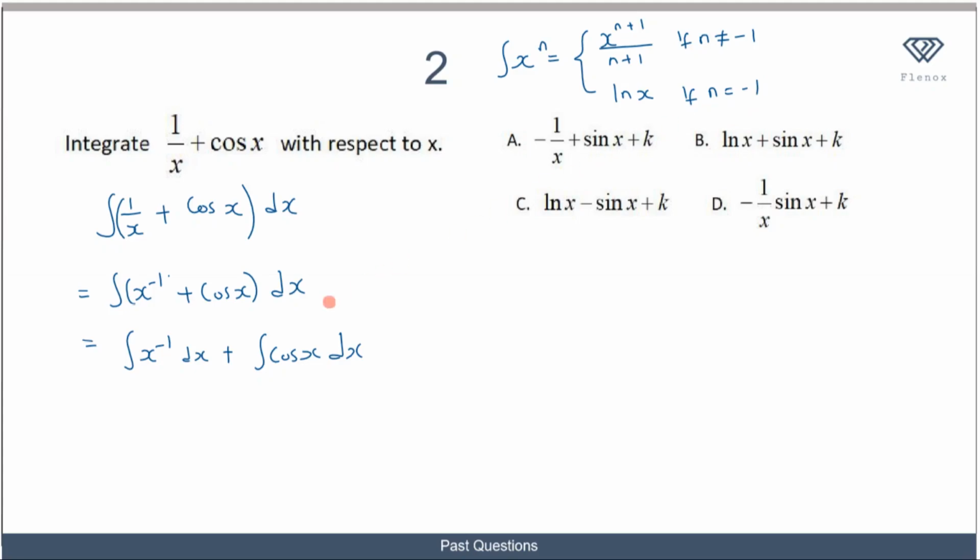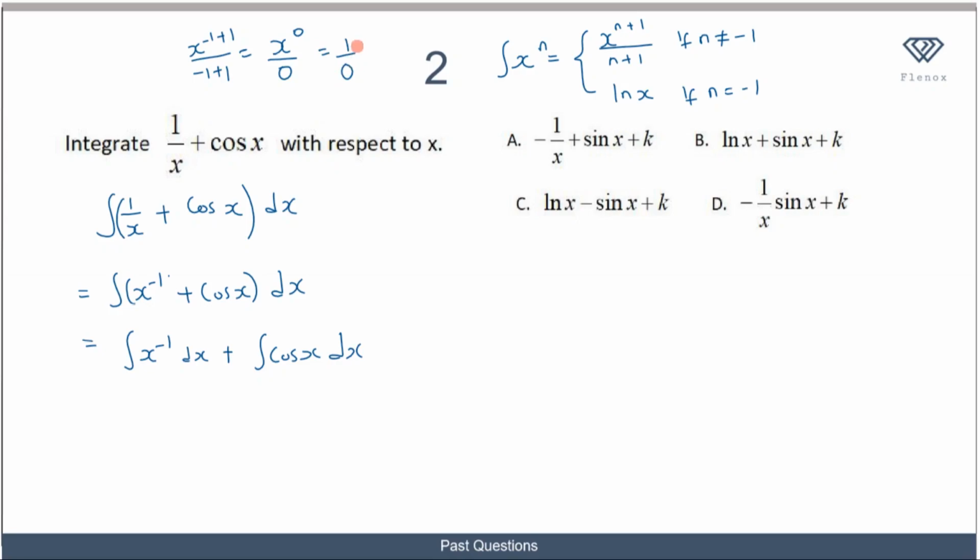As n in this case is equal to minus 1, we cannot apply this formula, because if we apply our general formula, we get x to the power of minus 1 plus 1 over minus 1 plus 1. So we get x raised to the power 0 over 0, which is 1 over 0. And what is 1 over 0? It is undefined, because we have 0 as the denominator.